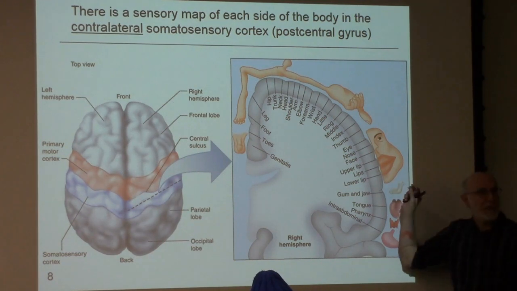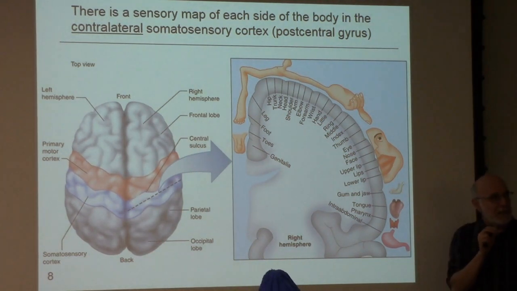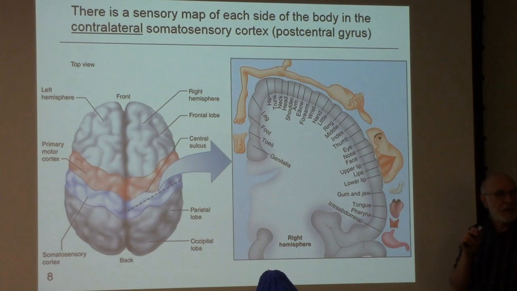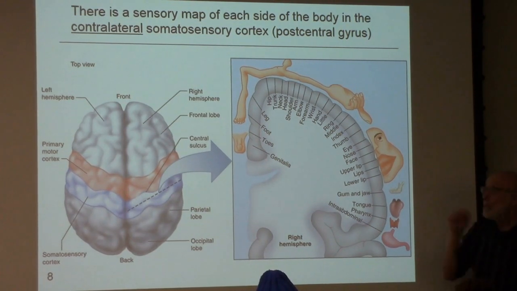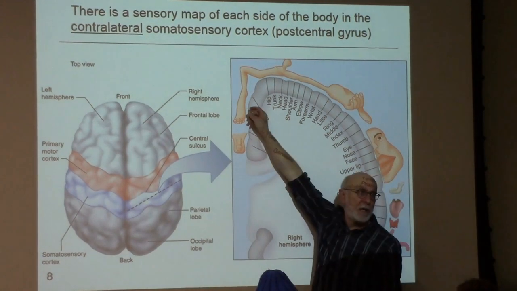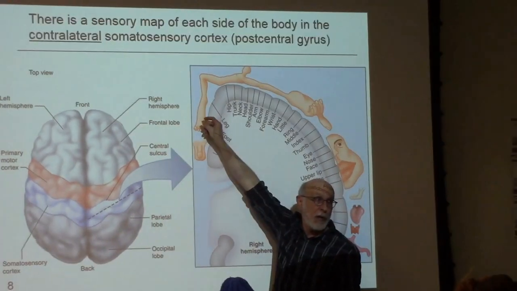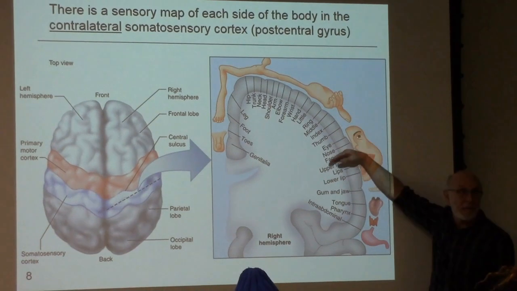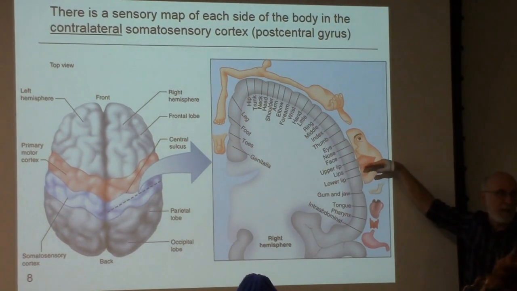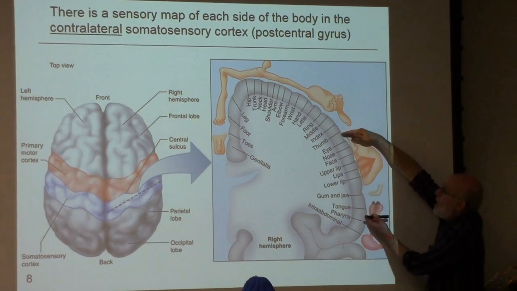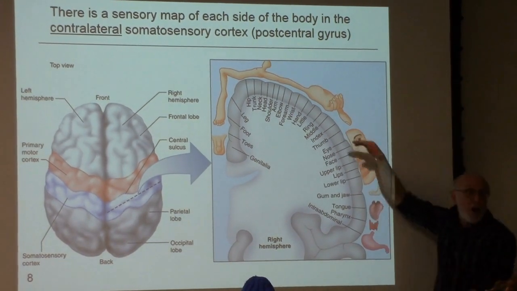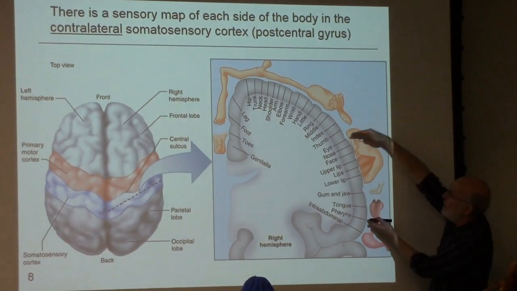Small receptive fields allow us to detect fine touch, right? We can discriminate between two very close together points on our lips, but we can't discriminate between two very close together points on our toes. So these have small receptive fields, and we've got many of them, and so we use a large area of cortex to process that sensory information.